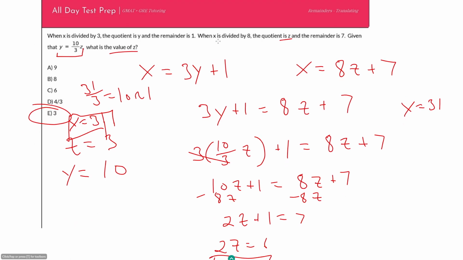When x is divided by 8, that's 31 over 8, and this should be 3 remainder 7. So when x is divided by 8, the quotient is z, which is 3, and the remainder is 7. So these check out.